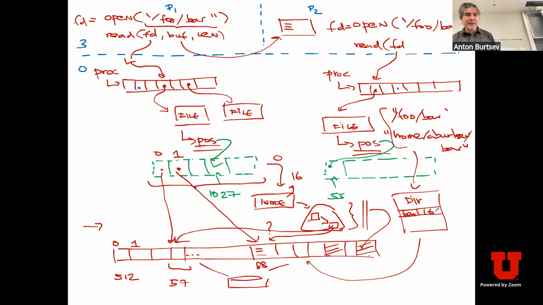So bar is encoded as 3 characters, and 16 is an integer, and you say, look, in this directory, which for example represents home abortsev, the file name bar points to inode number 16.